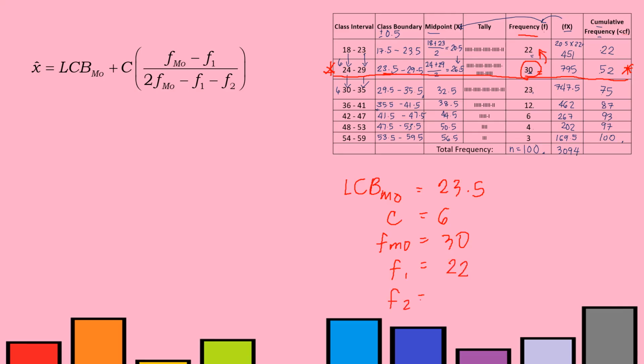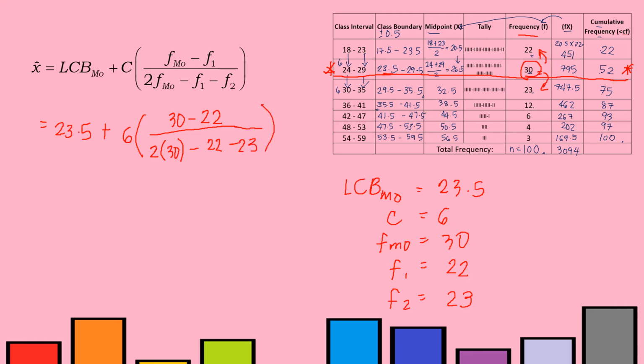And yung ating F2 ay yung after, which is 23. Okay? Then, substitute those given to the formula. So, we have 23.5 plus 6 multiplied to the ratio of 30 minus 22, then 2 times 30 minus 22 minus 23.